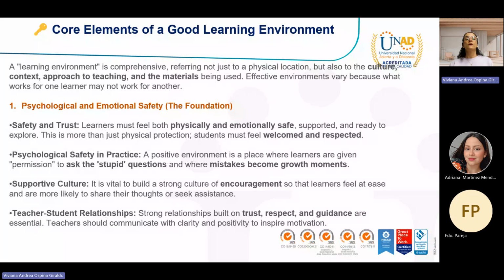But also, we need to talk about culture and the context that our students are in. How do we approach teaching, and how do we use materials? So, effective environments vary because what works for one person may not work appropriately for another student.